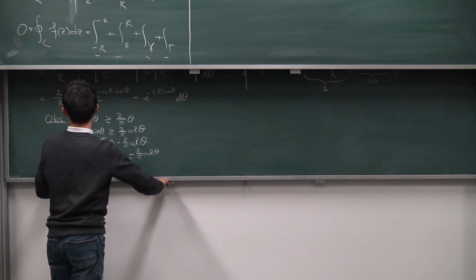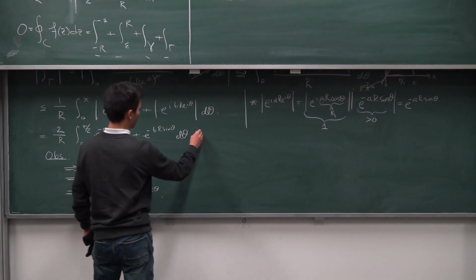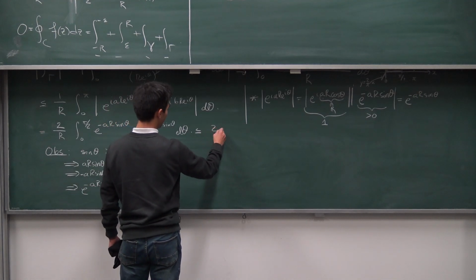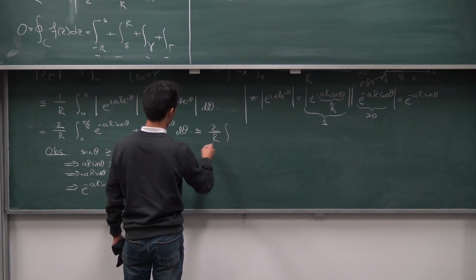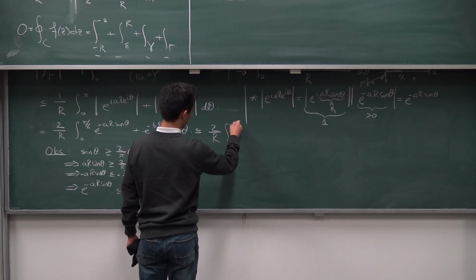So from this line over here, you could estimate the integral even further. You can say this is less than or equal to 2 over pi times the integral from 0 to pi over 2.